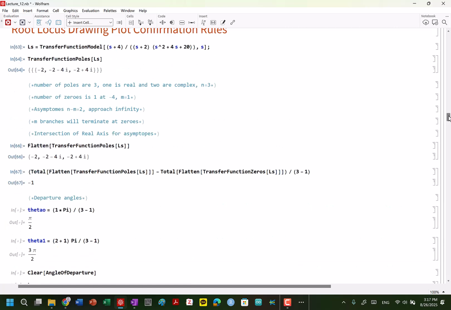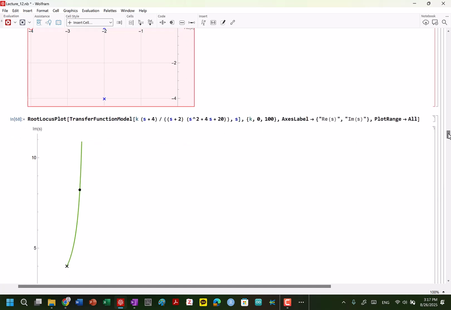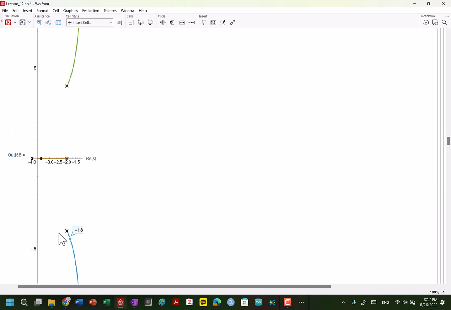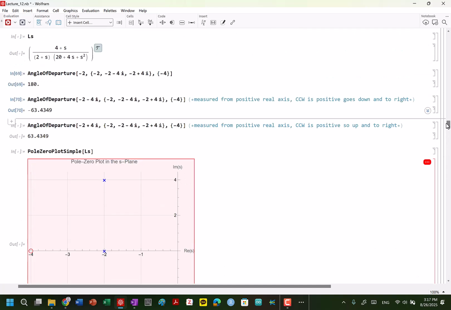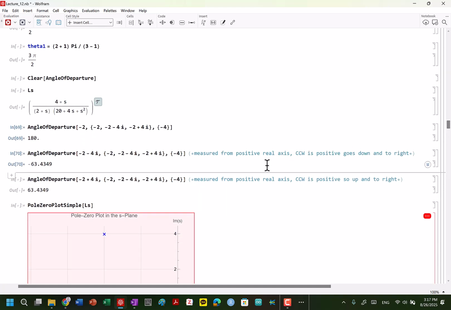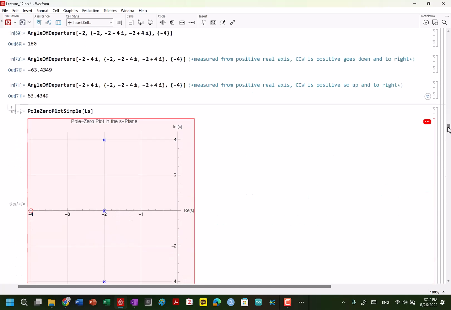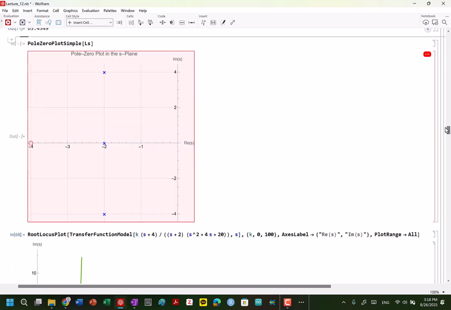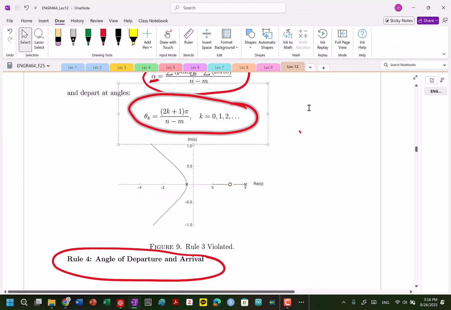So what pole is that? Minus 2, minus 4, so that bottom pole. Clockwise is negative, so it's going down and to the right at minus 63 degrees. And for here, as we can see from the positive one, it is going up and to the left. So we verified all our rules.